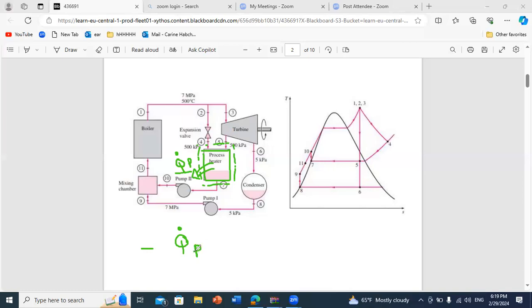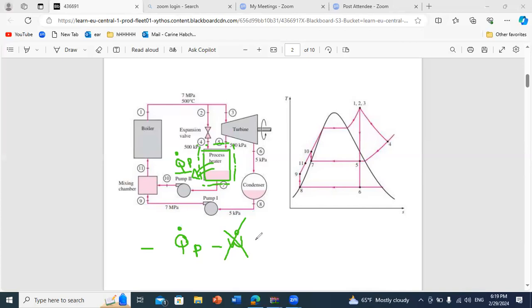And no W dot, so no work here. It's a rigid system, so no mechanical work and no production of work, so W dot is zero through the process heater.